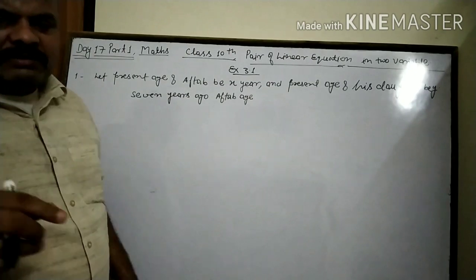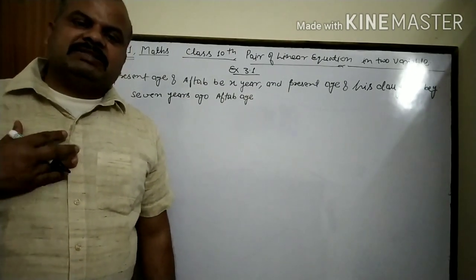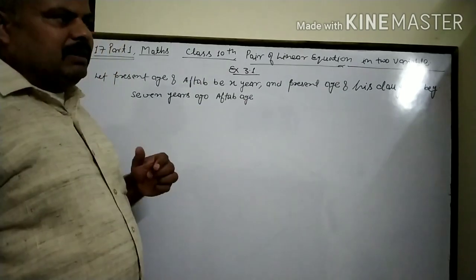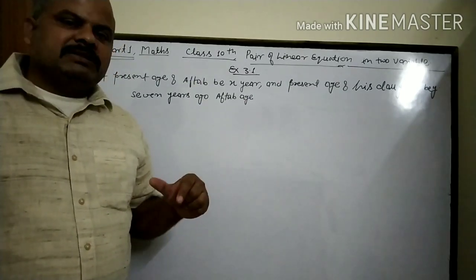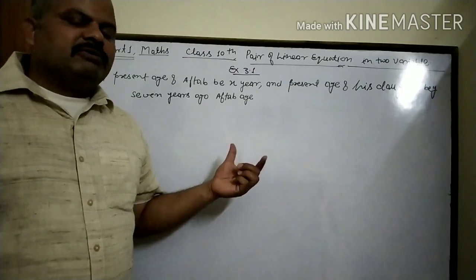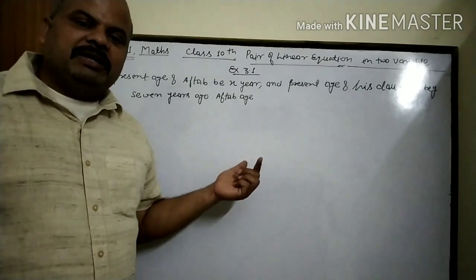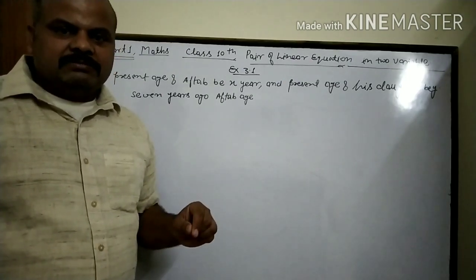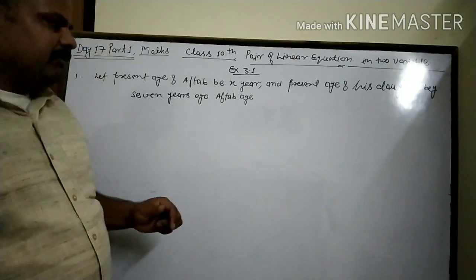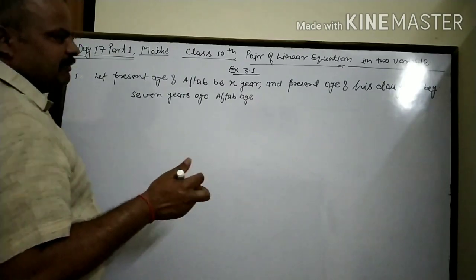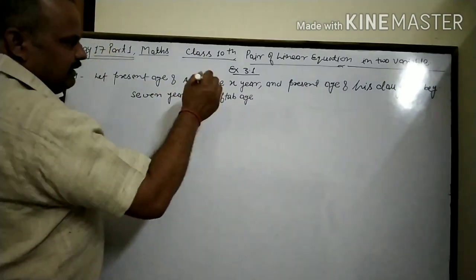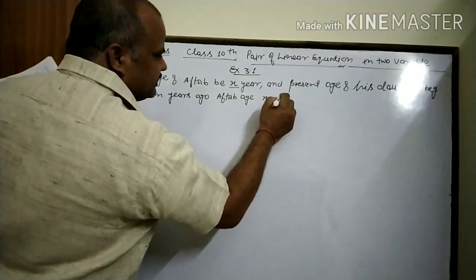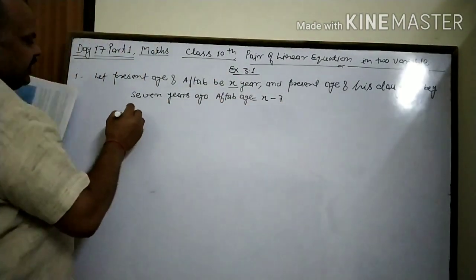Suppose my present age is 35, what was my age before 7 years? Then from 35 we subtract 7. Clear? Then the age of Aftab is x, so x minus 7.